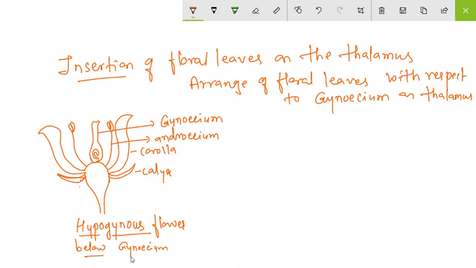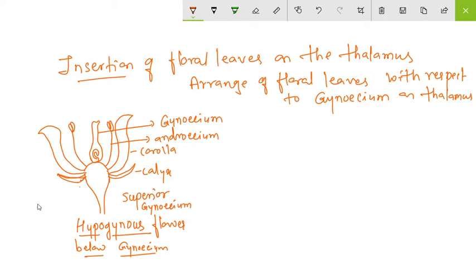So below the gynoecium all floral parts are arranged, and such type of arrangement is known as the hypogynous flower, and in such condition the position of the gynoecium is superior. In such a hypogynous flower, the gynoecium is at the superior position.